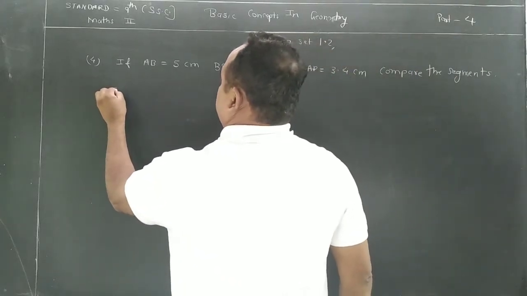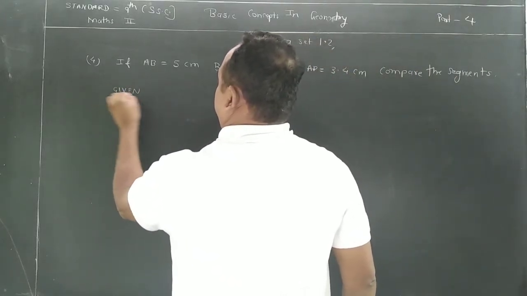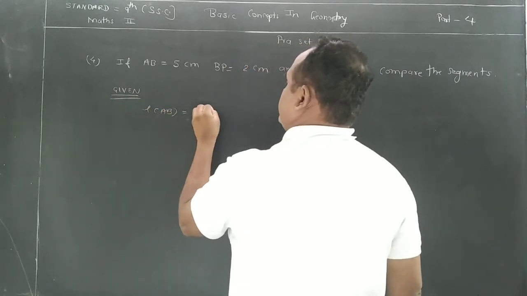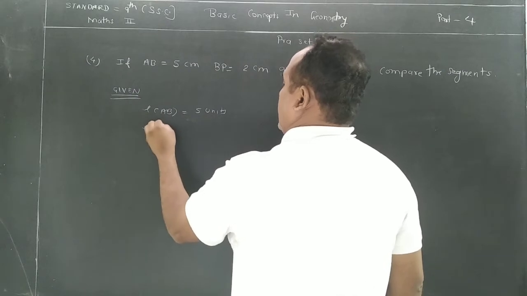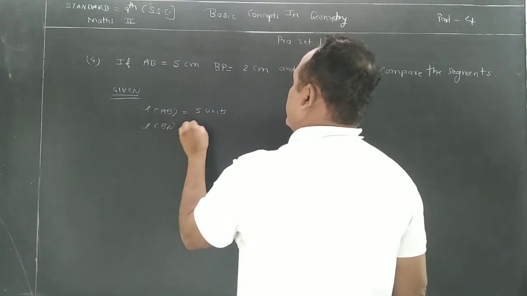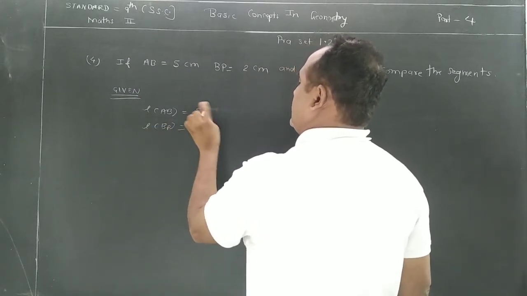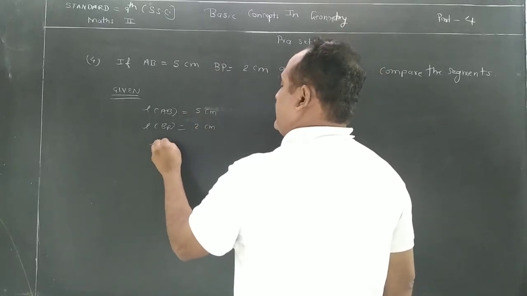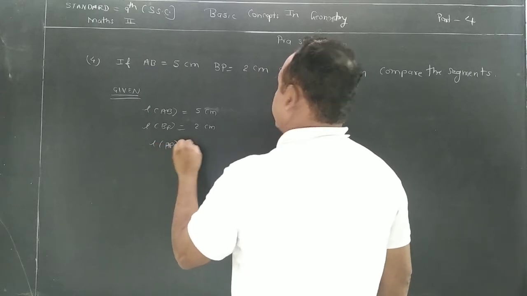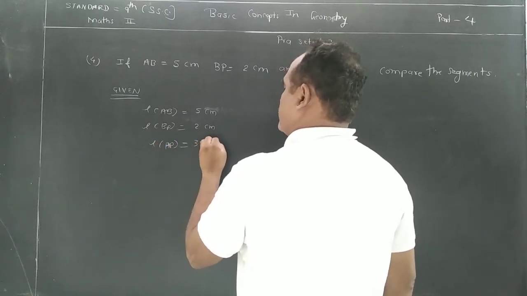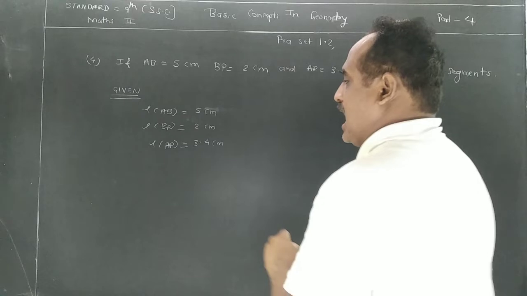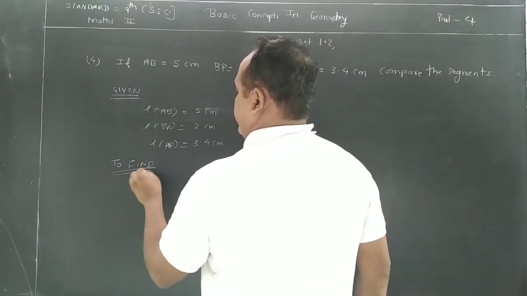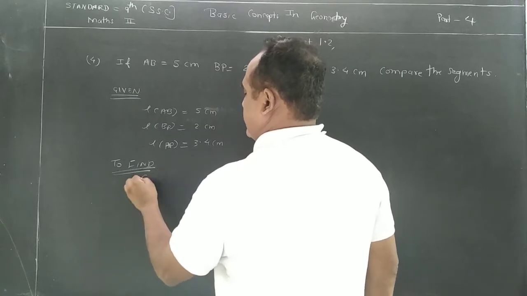So first I write given: length AB is 5 centimeters. Length BP is 2 centimeters. And length AP is nothing but 3.4 centimeters. And what they asked to find: compare the segments.